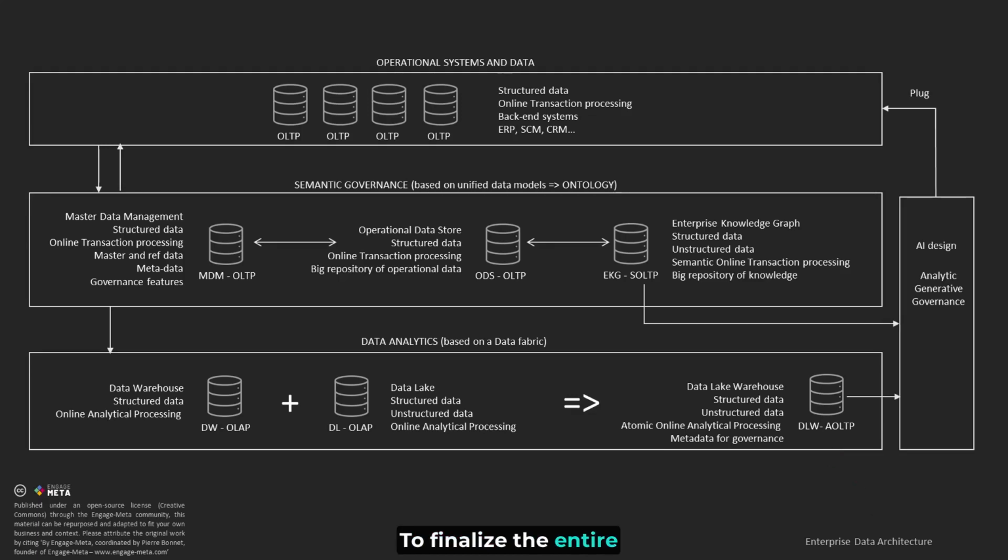To finalize the entire architecture, we integrate the AI component, which encompasses both analytical and generative aspects. It draws from datasets originating from the EKG and the data lake warehouse. The AI algorithms and the fine-tuning of AI engines are integrated into operational systems according to specific needs.